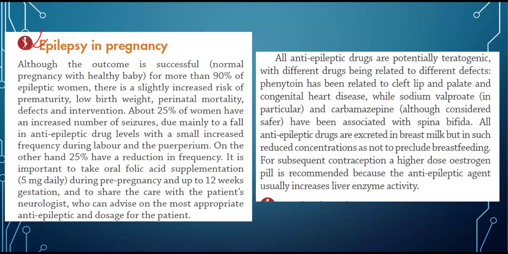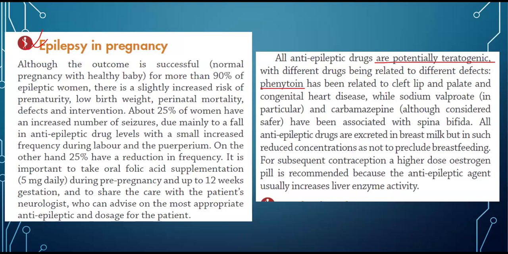The problem is that almost every anti-epileptic medication is teratogenic, which means that it can affect the baby. All anti-epileptic drugs are potentially teratogenic, with different drugs having different effects.